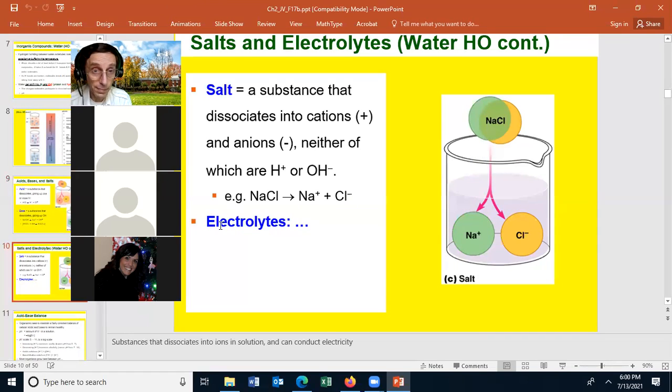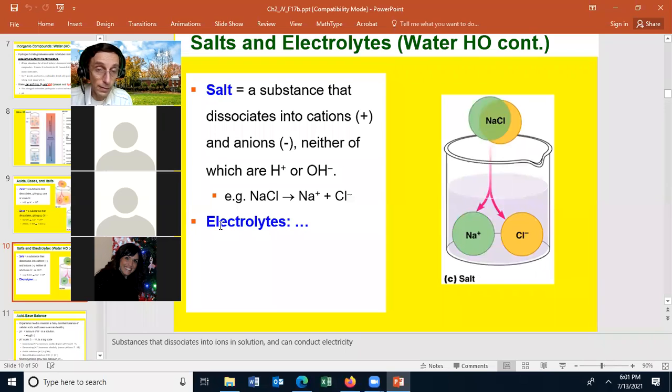A salt is a substance that dissociates into cations and anions. A cation is a molecule that has a positive charge, an anion is a molecule that has a negative charge, and for a salt, the cation and the anion are neither H plus nor OH minus.